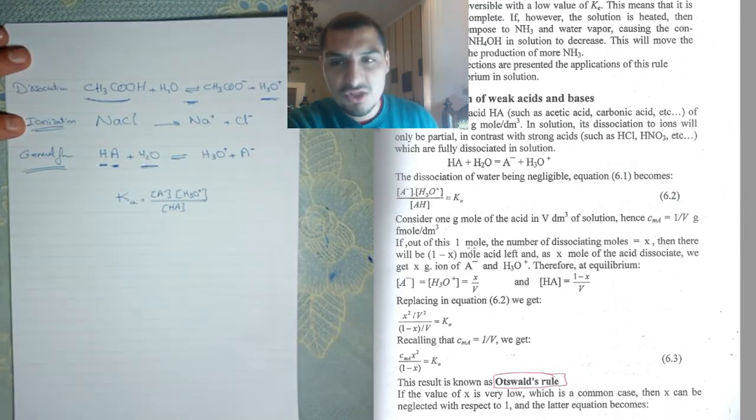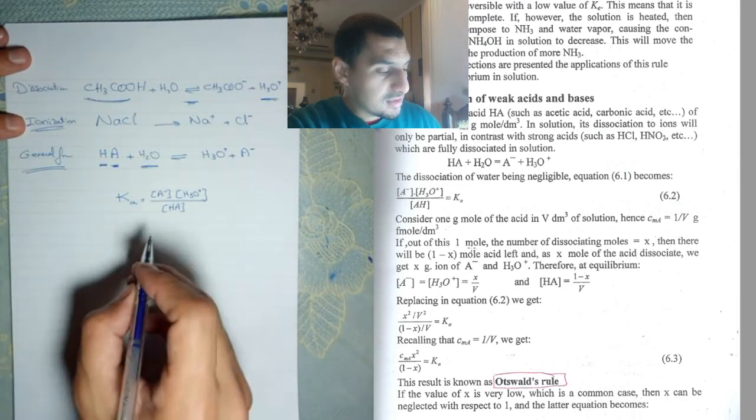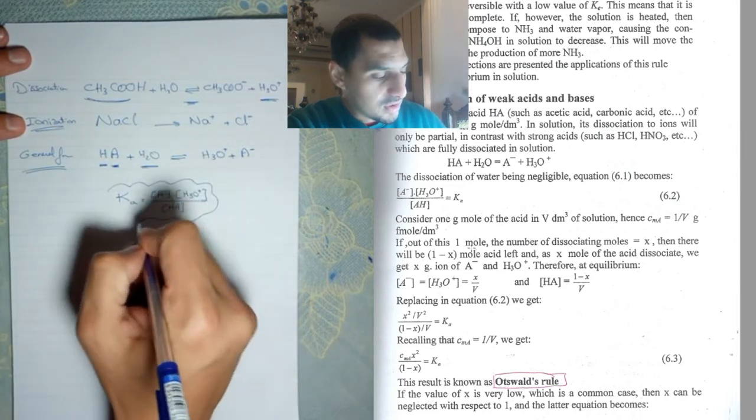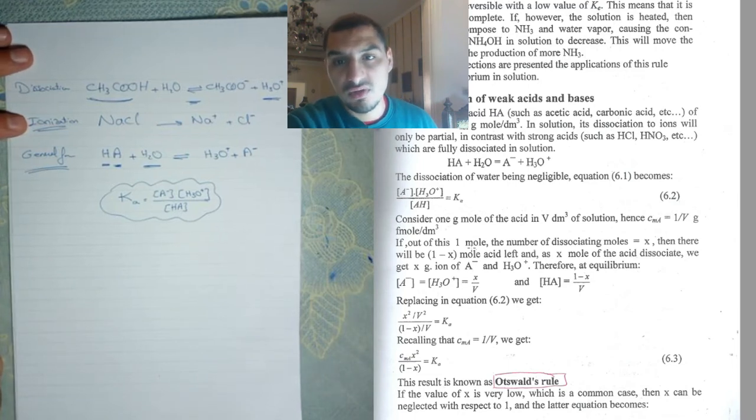There is no concentration for water actually, because we are dissolving everything in water, so there is no meaning of putting water in there. So this is the form of the law of mass action for this case.